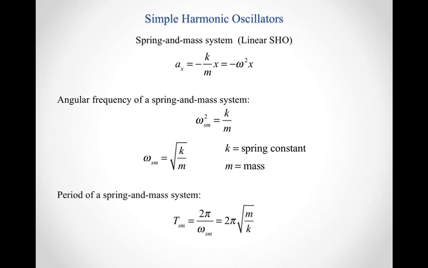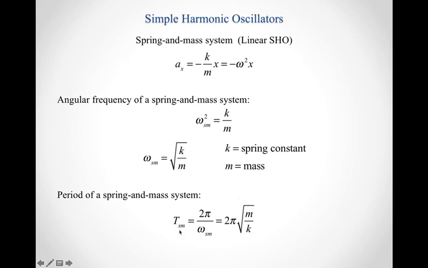Once I know omega, now I can come back and say, well, I know how the period relates to the angular frequency. So the period for a spring and mass system has got to be 2 pi over the angular frequency of a spring and mass system. And so this would be 2 pi divided by the square root of k over m. And so again, dividing by a fraction, I can flip that over.